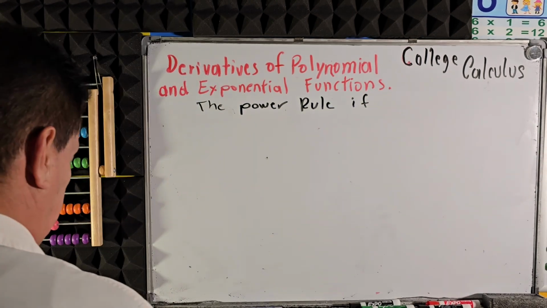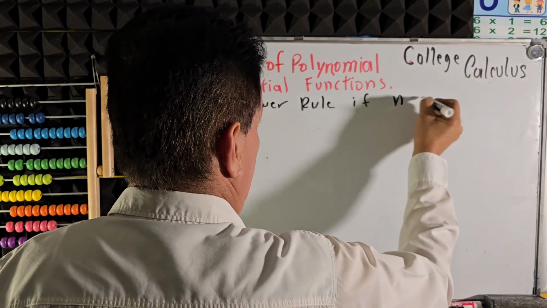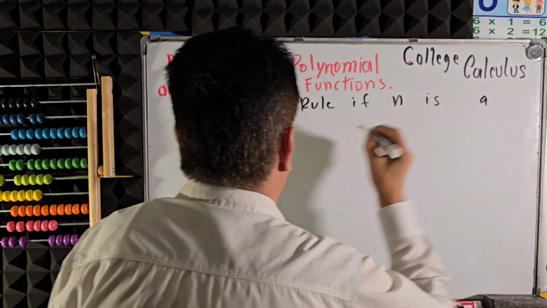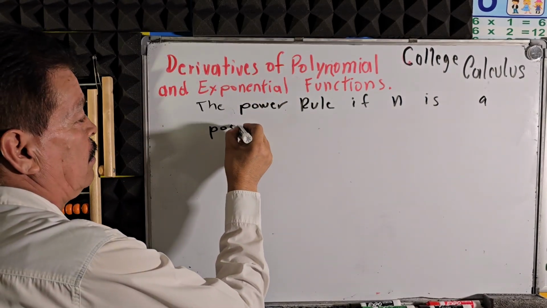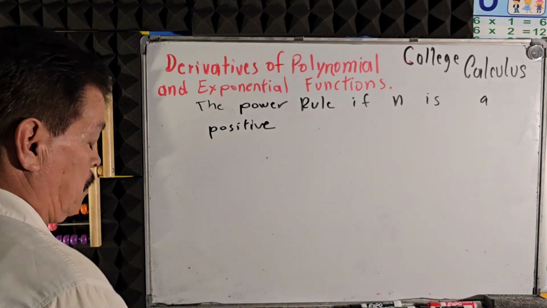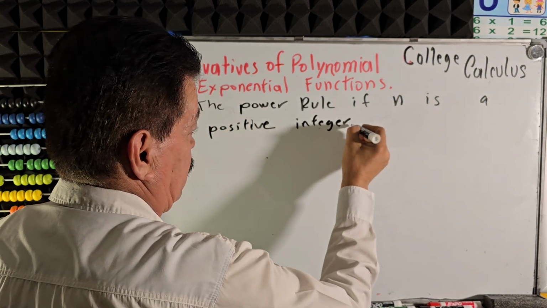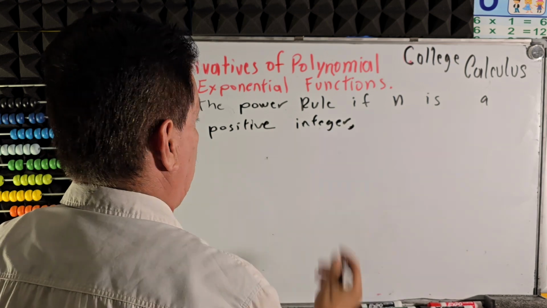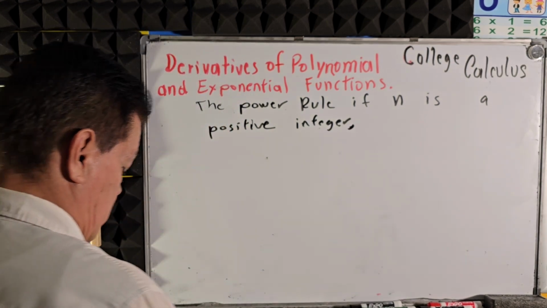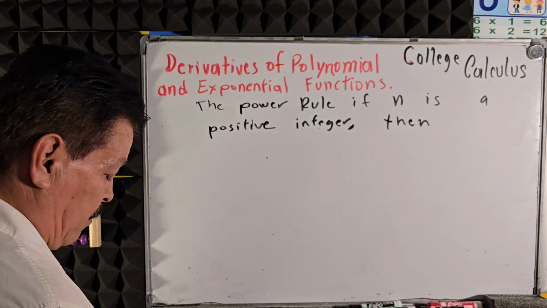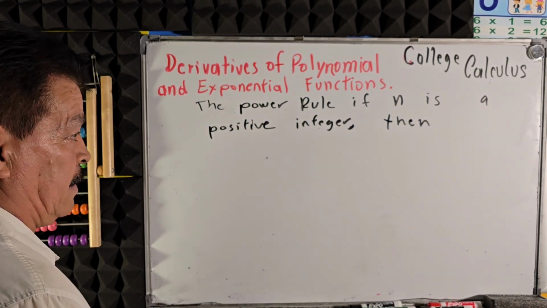If n is in positive integers, then we have our formula like this.